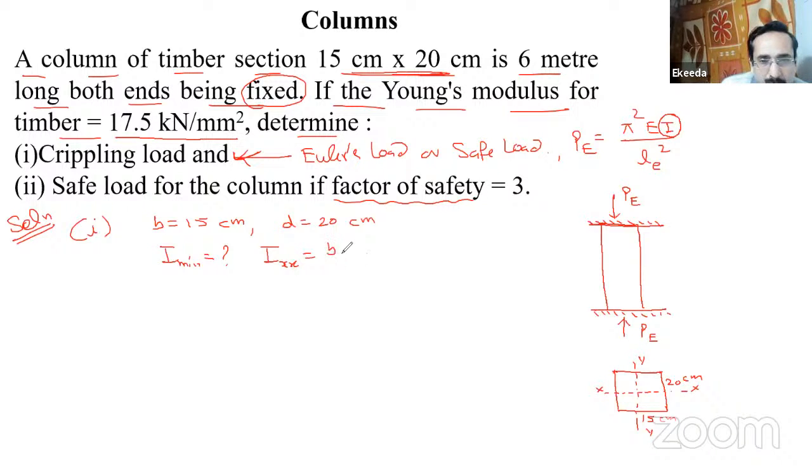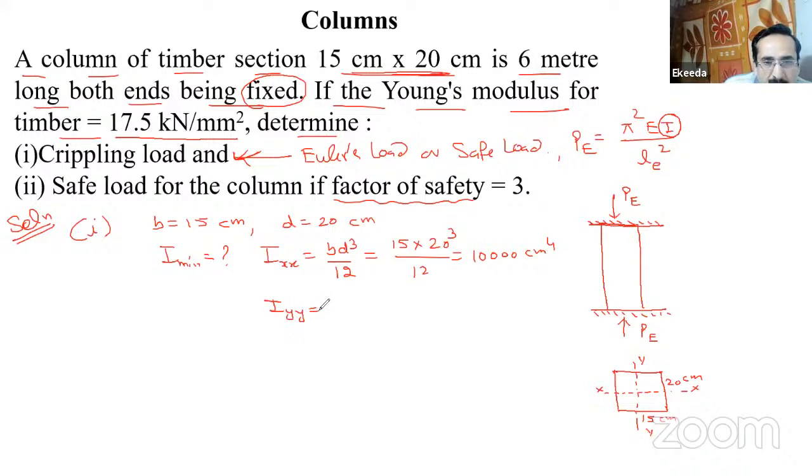So B is 15 and D is the depth, 20 cube by 12. So Ixx will be equal to 10,000 centimeter to the power 4. You can use a calculator and directly obtain the values.